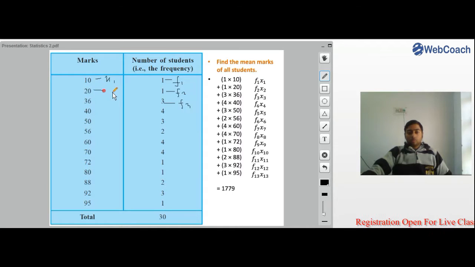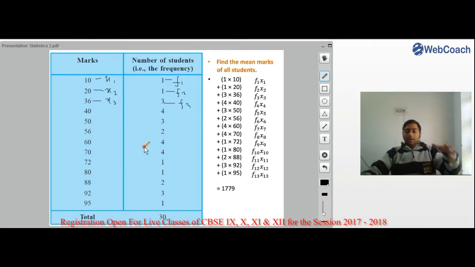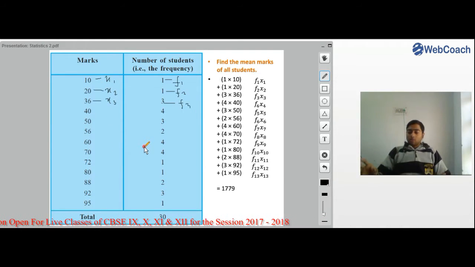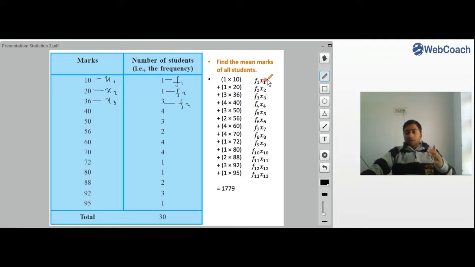This one is x1, this one x2, and this one x3, and so on, right? We can name each observation and the corresponding frequency in the given manner, and what we get is f1 x1 plus f2 x2 plus f3 x3 and so on, right? We are just multiplying f1 x1, f2 x2, f3 x3 and so on, as you can see in this given addition.